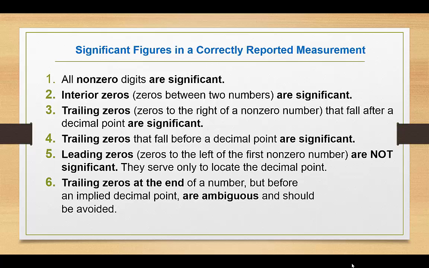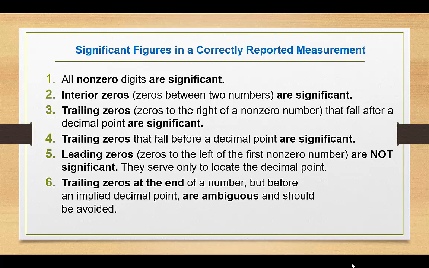They're significant. All right, now let's look at the idea of trailing zeros. Trailing zeros are zeros that are to the right-hand side of a non-zero number. Now, depending on where those trailing zeros are and how the number is set up, they may or may not be significant.